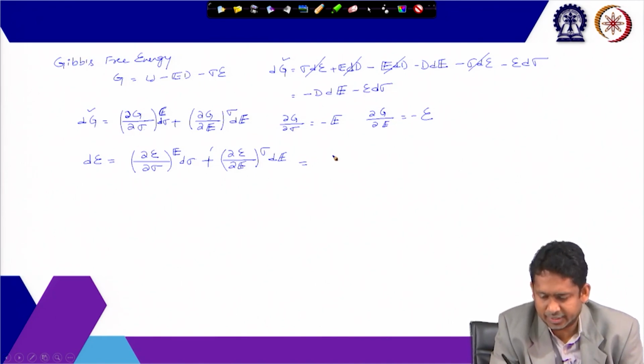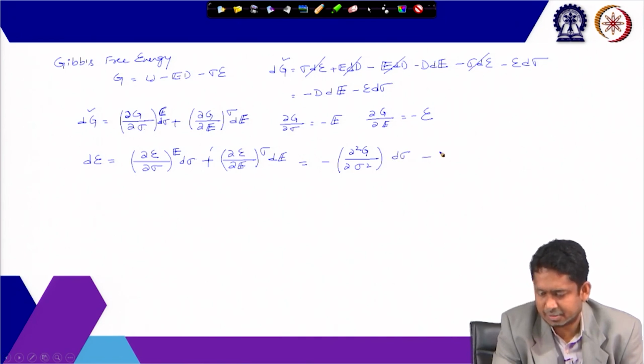So, accordingly we can write this as minus of del 2 G by del sigma 2 multiplied by d sigma, minus del 2 G by del sigma del E multiplied by d of electric field.